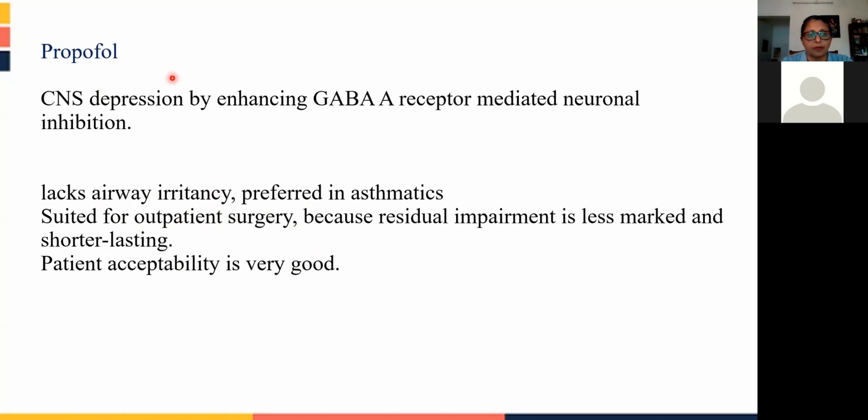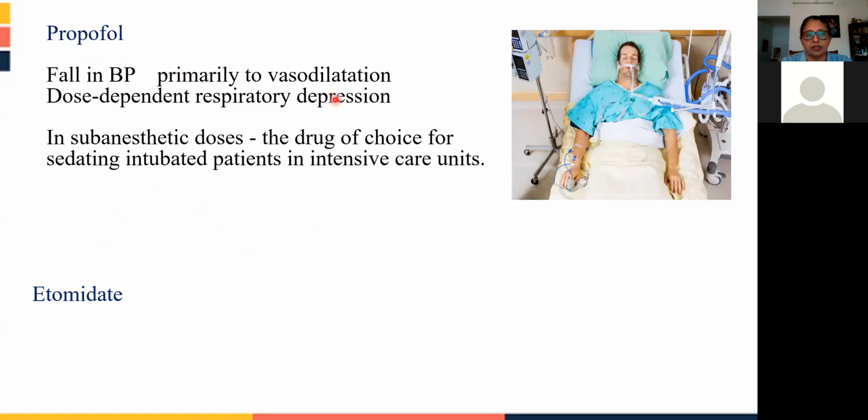That is propofol. Some more points: it can also cause a fall in BP because of vasodilatation. Almost all these inducing agents cause vasodilatation, but there is an exception, I'll come to that. Propofol causes a fall in BP, and dose-dependent respiratory depression. Even though it is not irritating to the respiratory tract, if the dose is increased, it can cause respiratory depression.